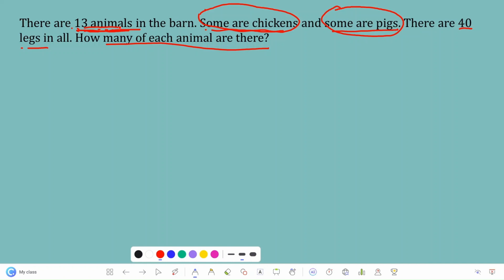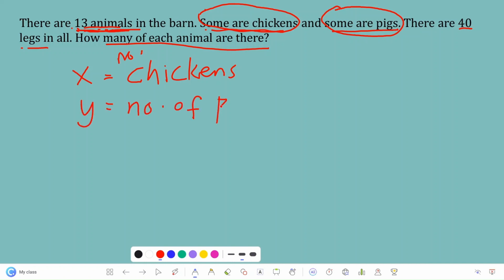So, let x mo, ito yung mga chicken. Number of chickens. At ang y mo naman is equal to number of pigs. So, highlight mo na ang mga important information and then represent mo na ang unknown sa variable.